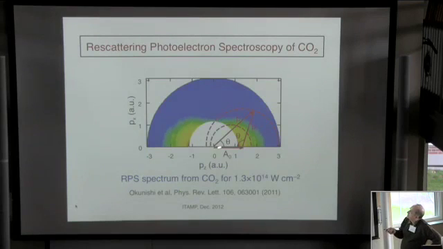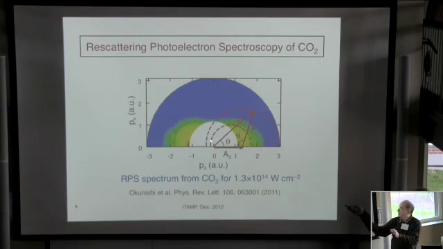Okay, so here is a typical rescattering photoelectron spectroscopy diagram. This is actually from CO2, and this is the momentum, px, pz, with the intensity given in the color. So the first thing you see is that once the electron has been rescattered, it will still feel the field.